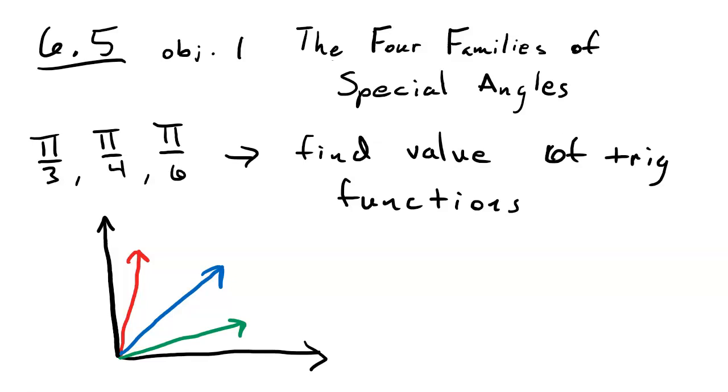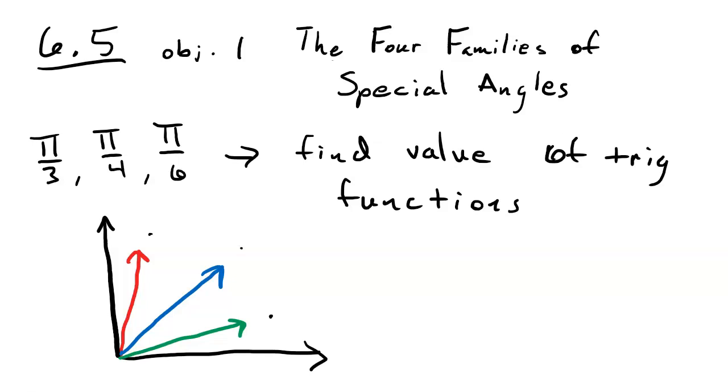So we found sine, cosine, all the trig function values for each of these angles right here. But this only covers quadrant 1. So we're going to take these angles and rotate them until they're in quadrants 2, 3, and 4, and we're going to make a family of angles out of them.